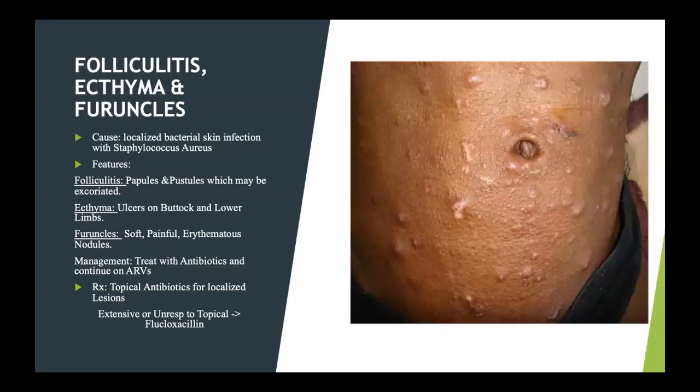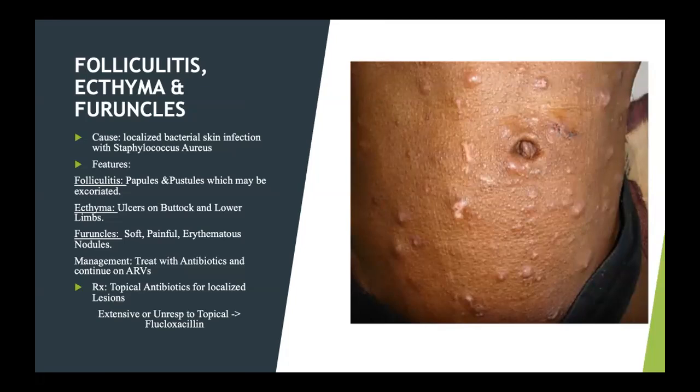Right. So under our infectious conditions now, we have folliculitis, eczema, and furuncles together. They are localized bacterial infections caused normally by Staphylococcus aureus. Folliculitis would be papules and pustules which may be excoriated.